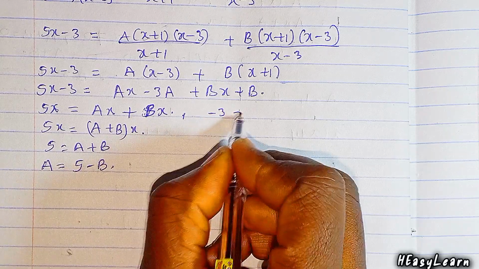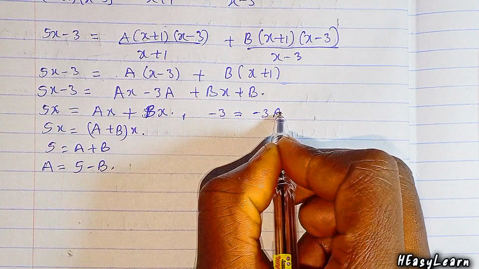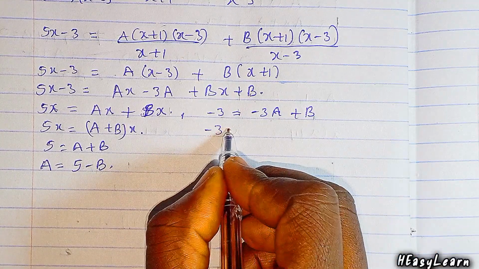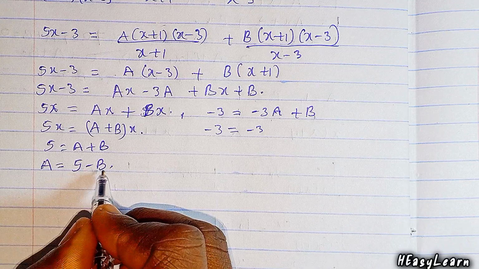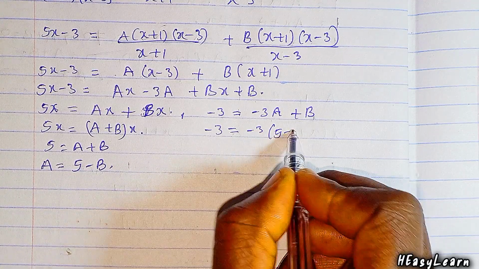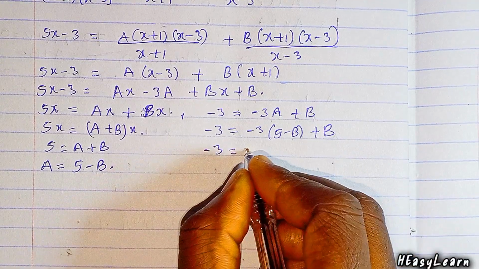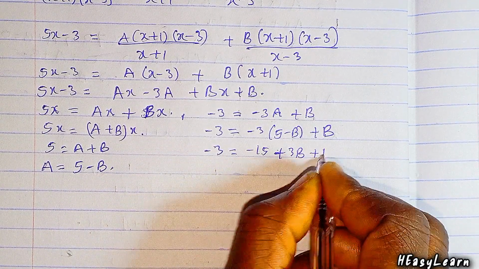Again, minus 3 is equal to any constant here, we equate it. Minus 3a plus b, minus 3 equals minus 3. We have a to be 5 minus b. This is minus 3(5 minus b) plus b. We have minus 3 equals minus 15 plus 3b plus b.